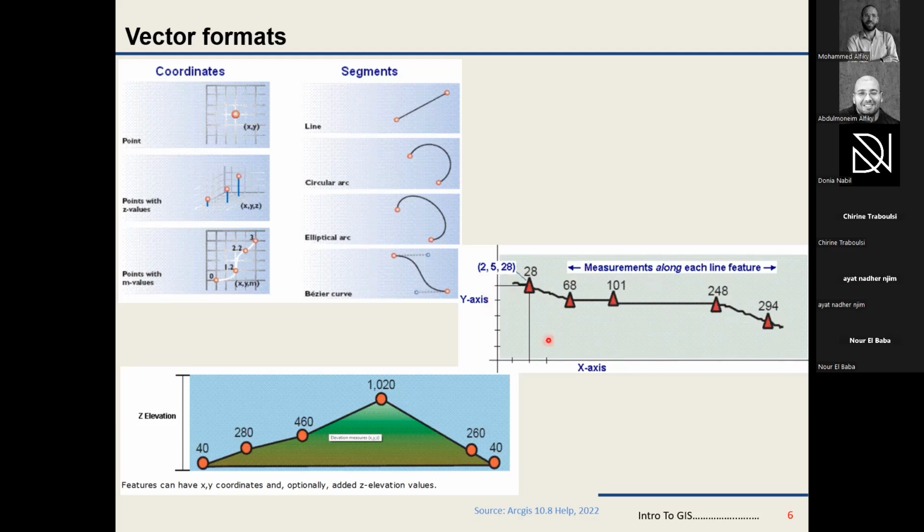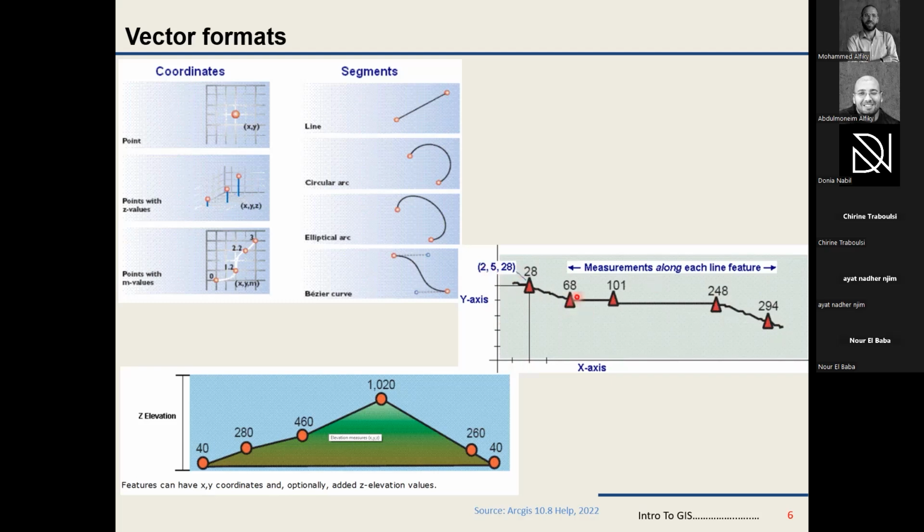Now, let's put it like this. The xy of this point is actually 2x and 5y. So it's 2, 5. And then we have 28. What is 28? 28 is basically the measurement from the start of the line to this point. So from the start of the line, here is 0, and these are 28 units. So this becomes 2, 5, 28.